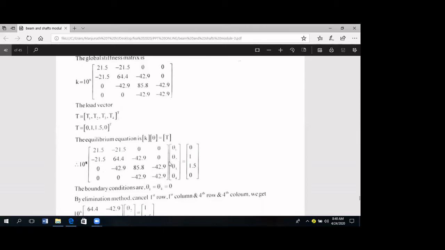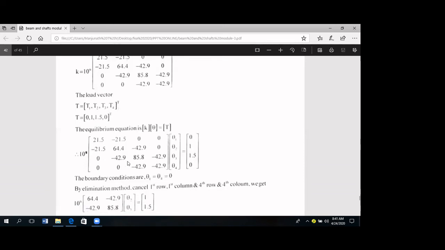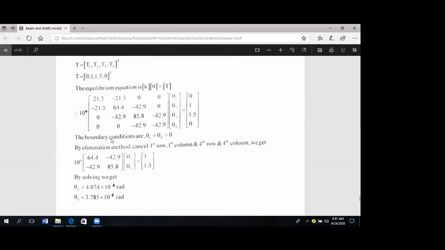Then the displacement vectors, the angles of twist at node number 1, node number 2, node number 3, node number 4, are given by theta 1, theta 2, theta 3, theta 4, which is equal to the load vectors 0, 1, 1.5, 0. Okay, so after writing this equilibrium equation, apply the boundary condition.